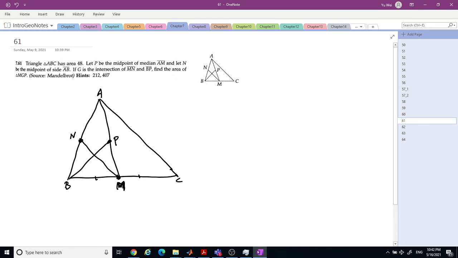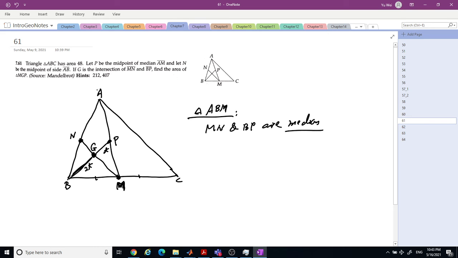And if G is the intersection, you can see for triangle ABM, we have two medians, MN and BP, and they intersect at G. So you know the ratio of BG is 2 to 1, right?